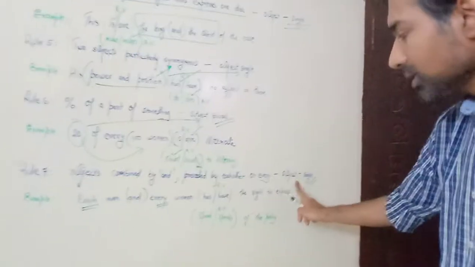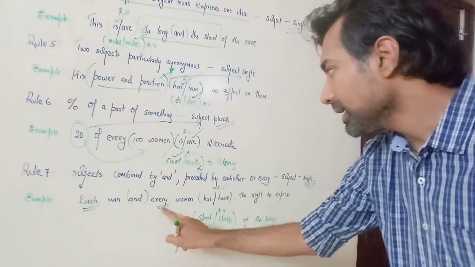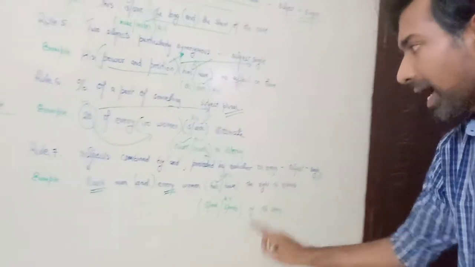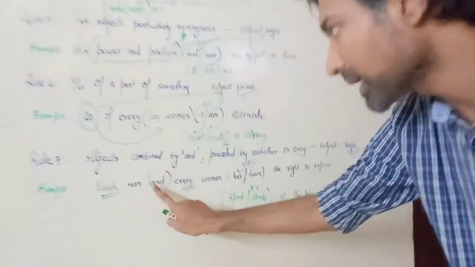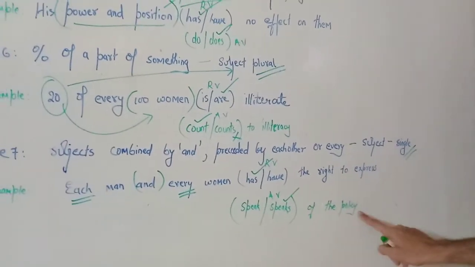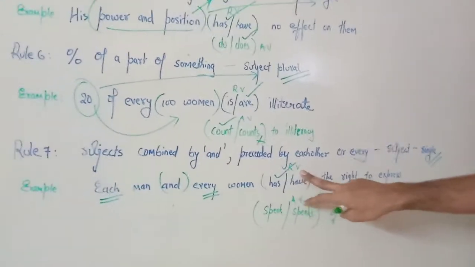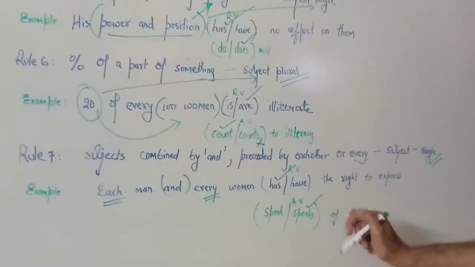Here, if the subject is considered single, I will have each man and each woman has the right to express. And this is with the relative verb. With the action verb, it will be each man and each woman speaks of the policy. So because this is single, the relative verb goes single and the action verb has to be with an S.